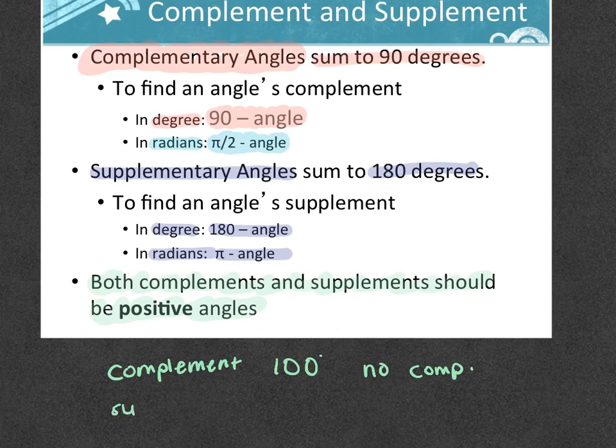If I asked for the supplement of something larger than 180 or pi, like 3 pi, I can't do pi minus 3 pi and get a negative 2 pi, so there's no supplement. So if it's bigger than 90 or pi over 2, there's no complement, and if it's bigger than 180 or pi, then there's no supplement.